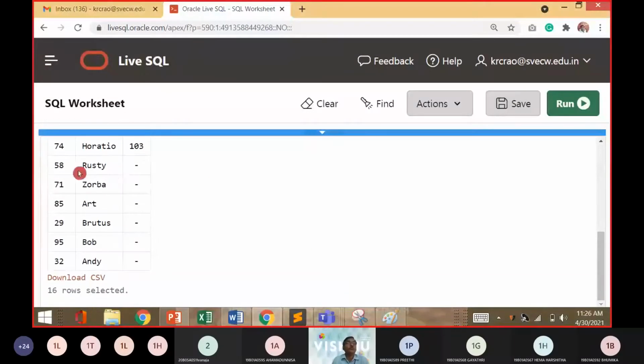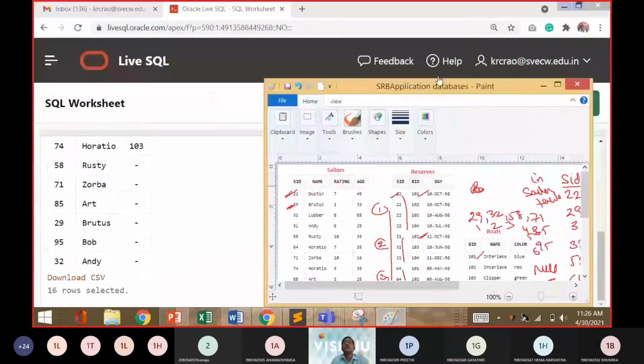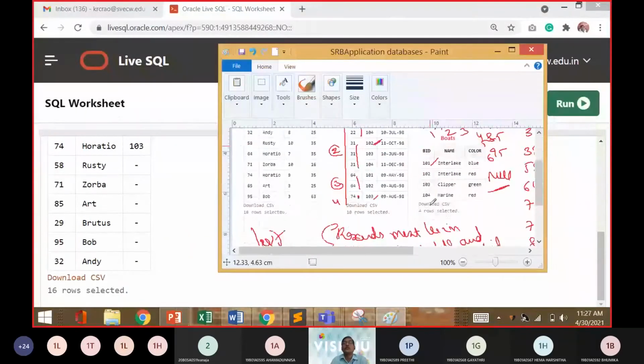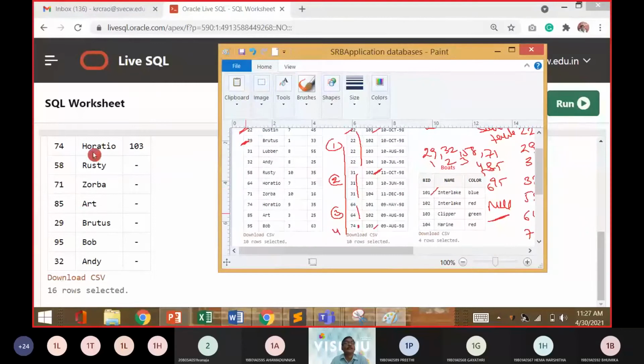For whom? 58. Who are the values we made null? Now you can see here. 58, we put it as null. 71, we put it as null.